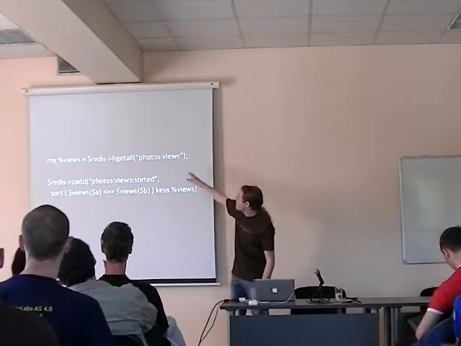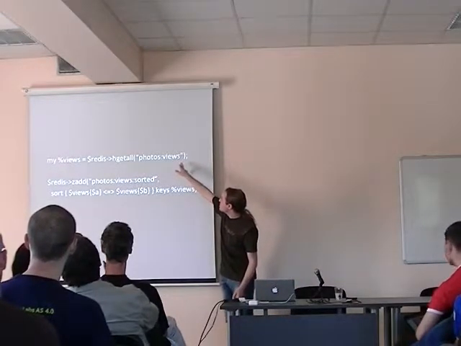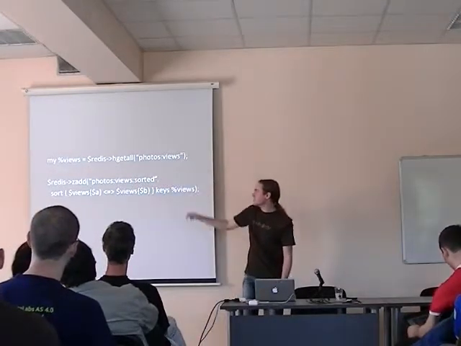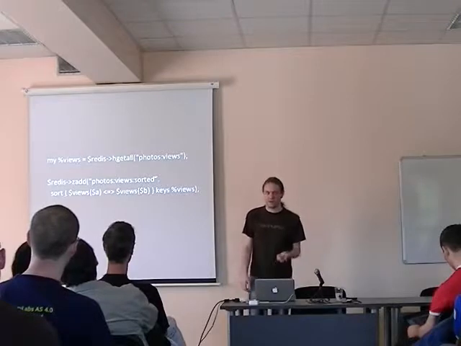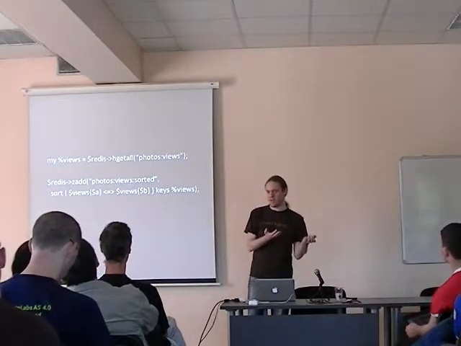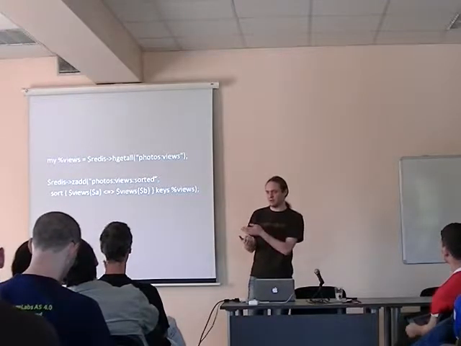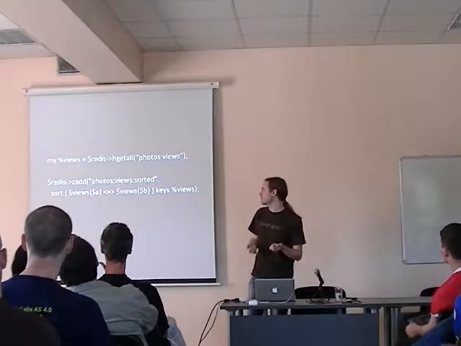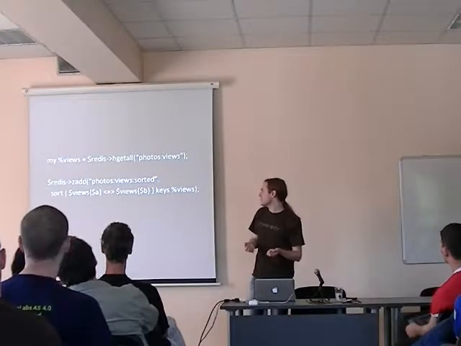So here I'm getting all the views. You'll notice I'm just assigning this straight into the Perl hash, and that's because Redis is actually quite Perlish in a way. When you do hgetall, it just returns you a name, a value, a name, a value, which if you assign straight to the Perl hash, actually just works, and Perl quite happily lets you assign it to that hash.